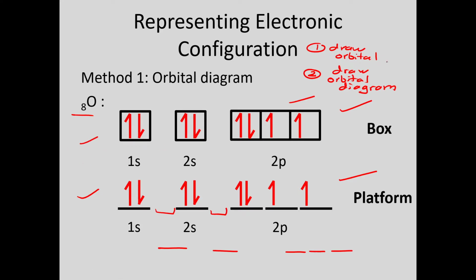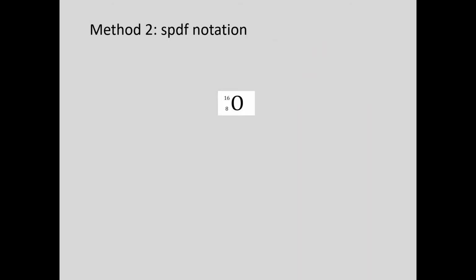Tapi kalau dia tak ada perkataan diagram, maksudnya dia minta macam hari Khamis lepas kita belajar cara nak lukis orbital tu. Ingat tak? Kita buat axis and then kita lukis dia dekat sini, macam tu. Okay, so we have two kind of question, draw orbital and orbital diagram. So orbital diagrams bentuk dia macam ni. Don't worry, kita akan buat later.